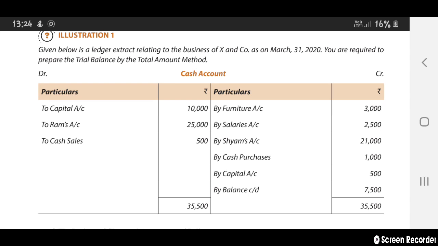Totally 35,500. Credited: by furniture account 3,000, by salaries account 2,500, by Shyam's account 21,000, by cash purchases 1,000, by capital account 500, by balance carried down 7,500. If you total, you get 35,500. In both, debit is equal to credit.